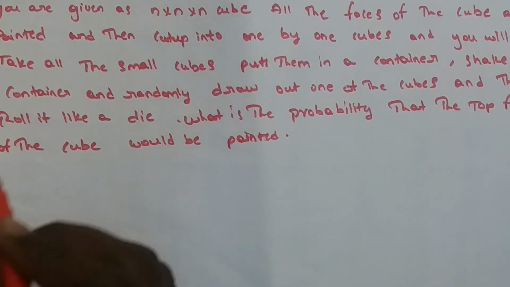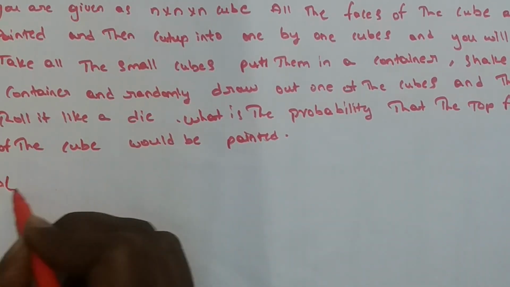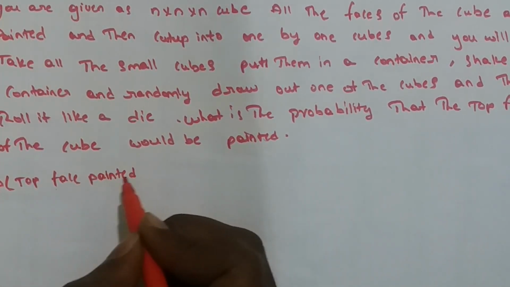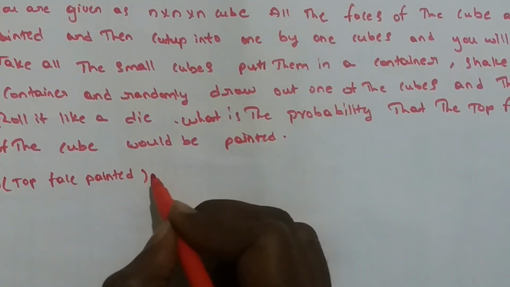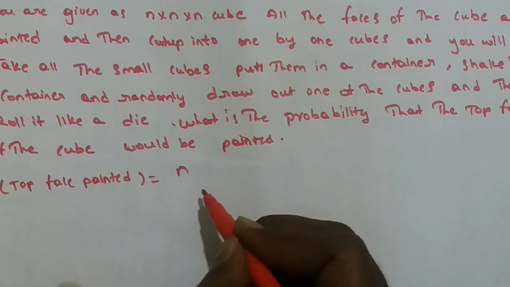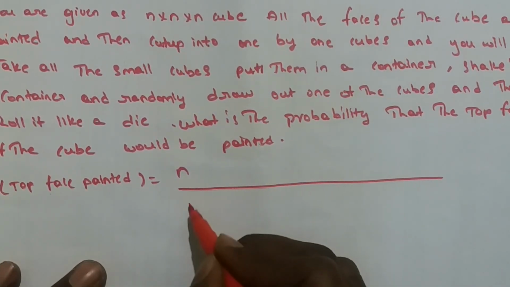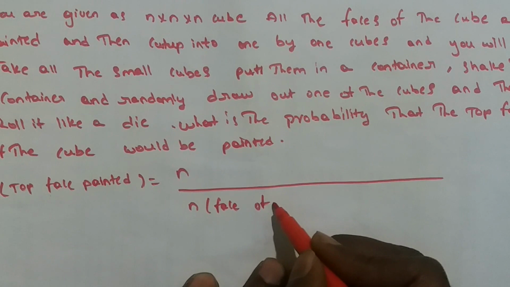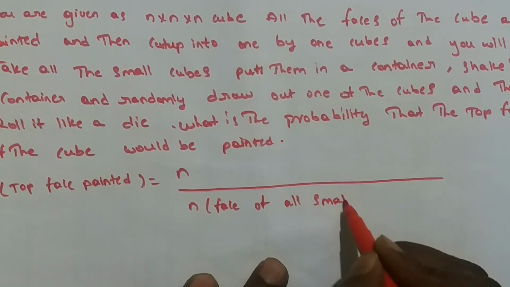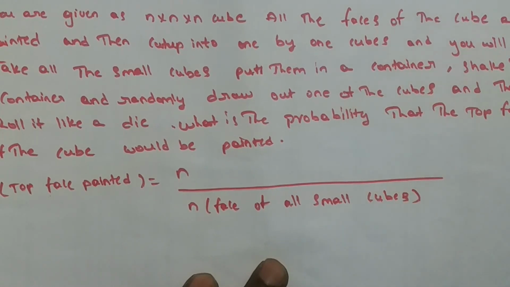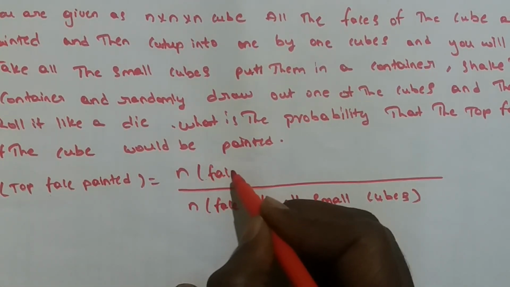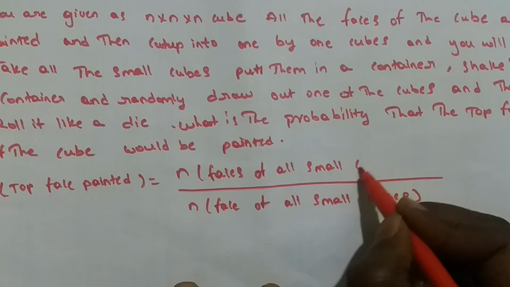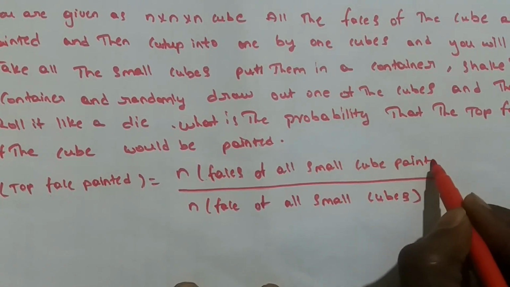How will we get the probability of the top face painted? It is equal to the number of faces of all small cubes painted divided by the number of faces of all small cubes.